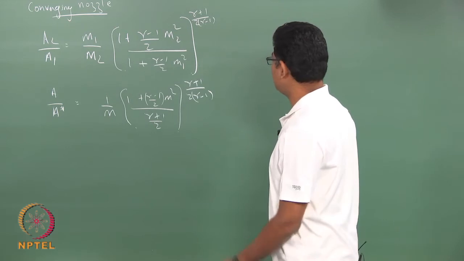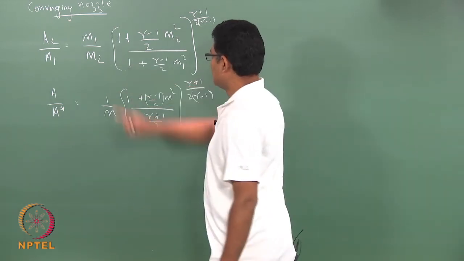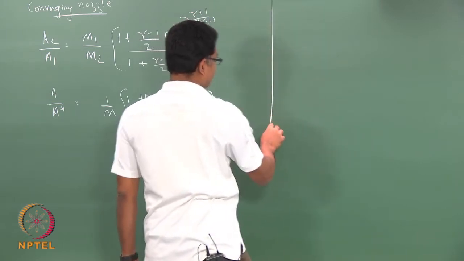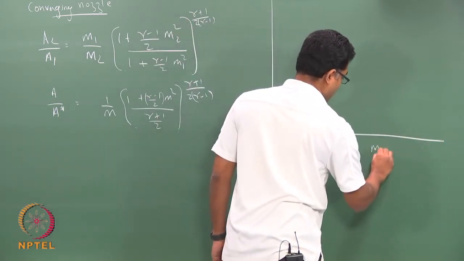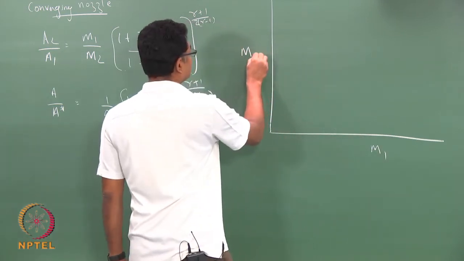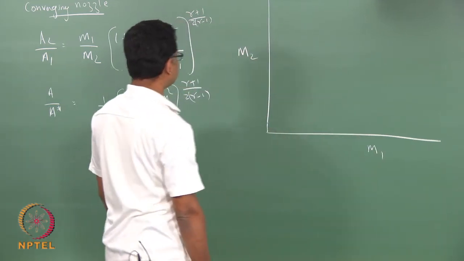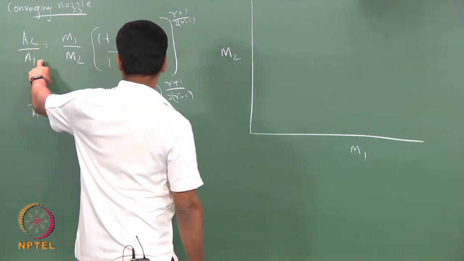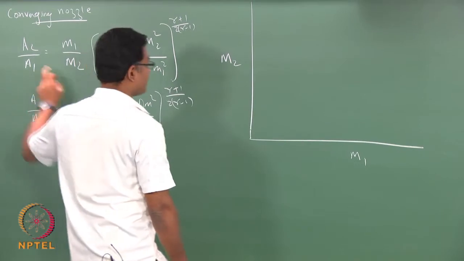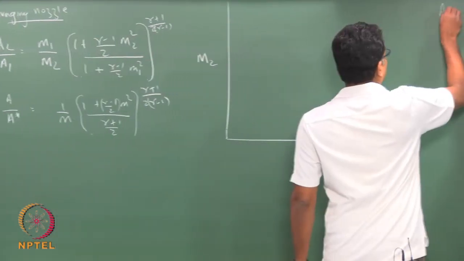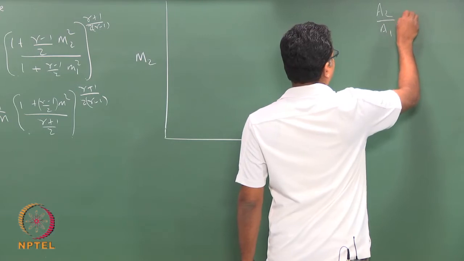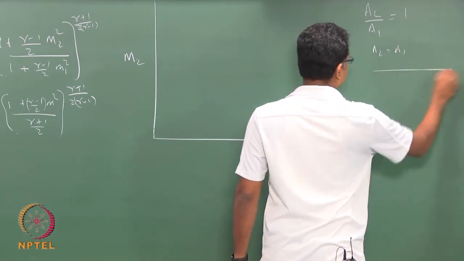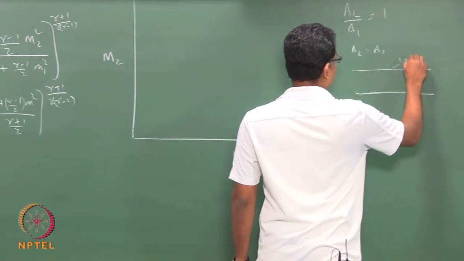So let us take the first equation. If I draw my variation, M1 and M2, if my A2 by A1 is equal to 1, then A2 equals A1, which means I am talking about a constant area duct.